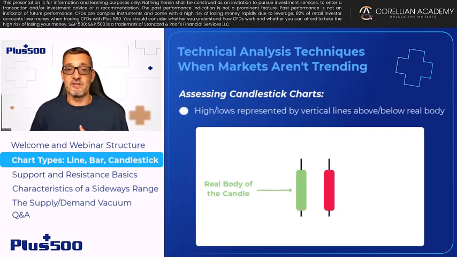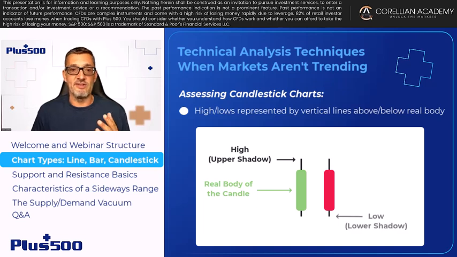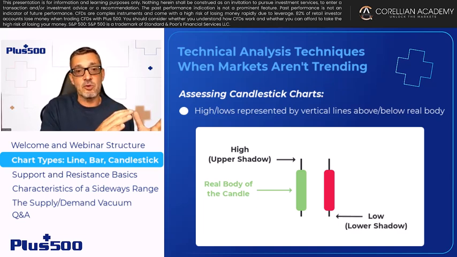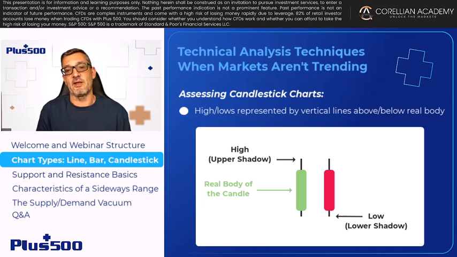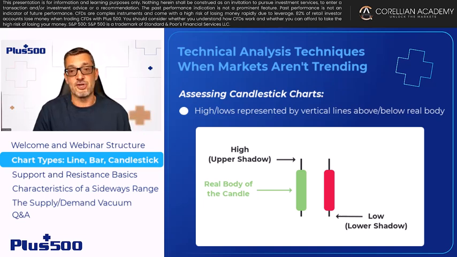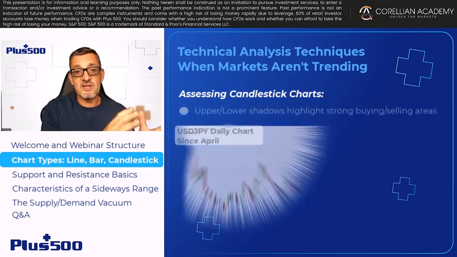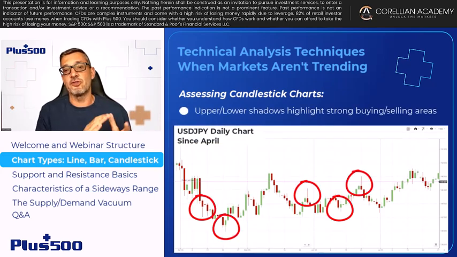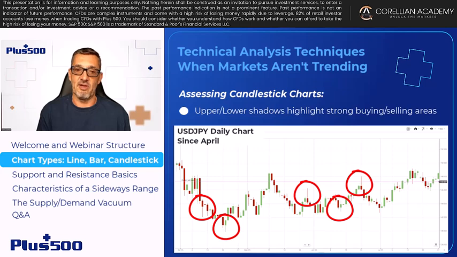Highs and lows on candlestick charts are shown by the vertical lines above or below the real body of the candle. And these vertical lines are called the shadow in technical analysis. The upper shadow for the high and the lower shadow for the low. And you can see these highlighted for you on screen on the dollar yen daily chart since April 2025.